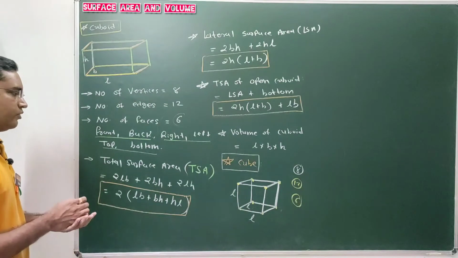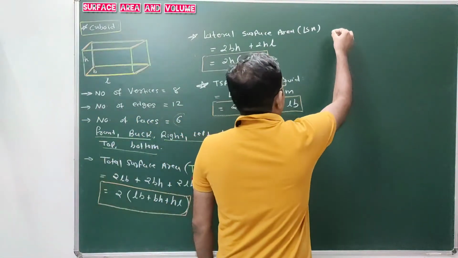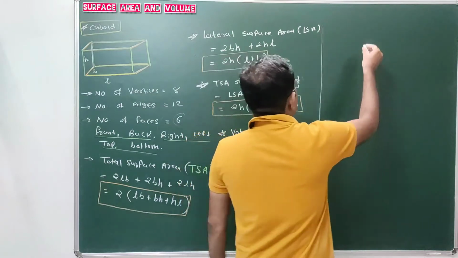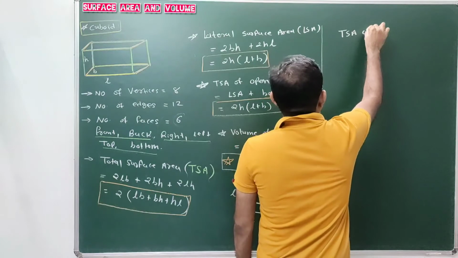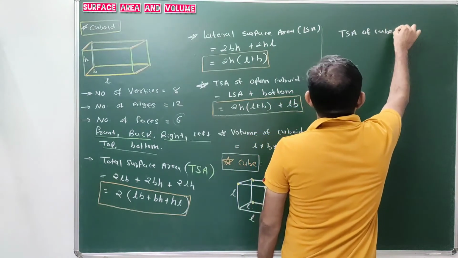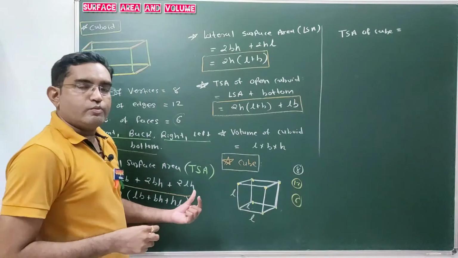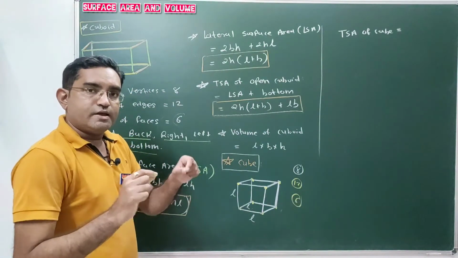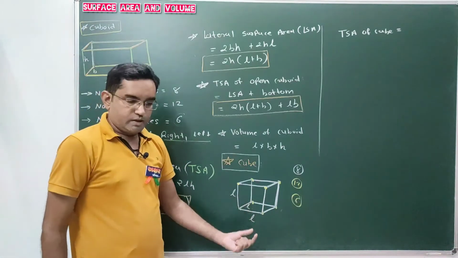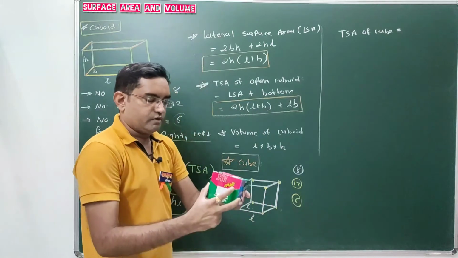And now we have to consider total surface area. Total number of faces are 6. So what is the total surface area of cube? It is the sum of the areas of all 6 faces. Now what is the shape of the front face? Suppose this box is our cube.